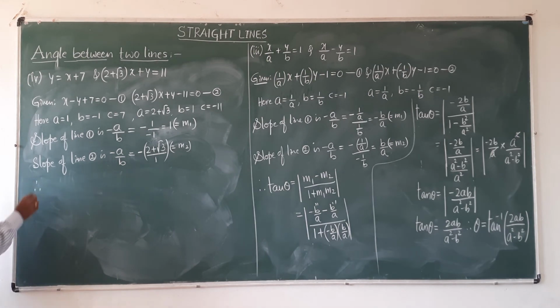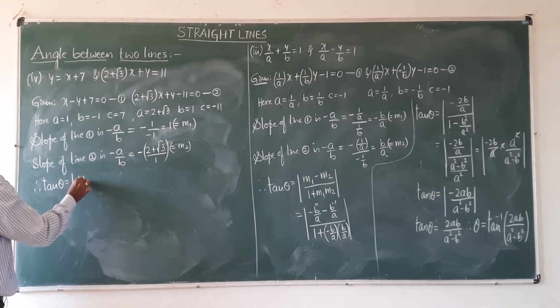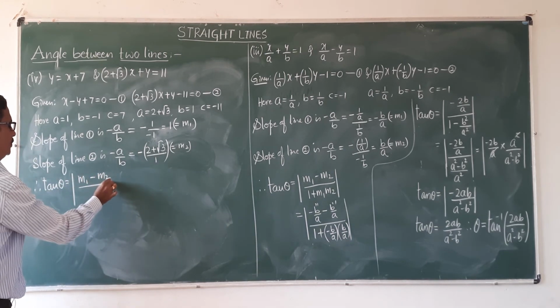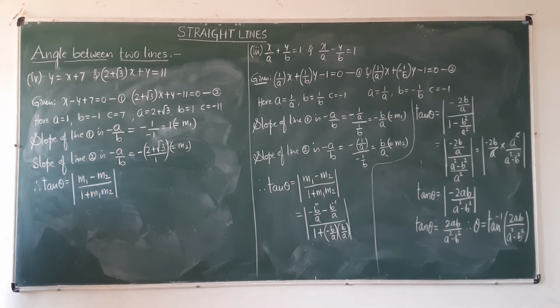Okay. Now apply the angle between two lines formula. What is the formula? Tan theta is equal to modulus of m1 minus m2 divided by 1 plus m1 m2.